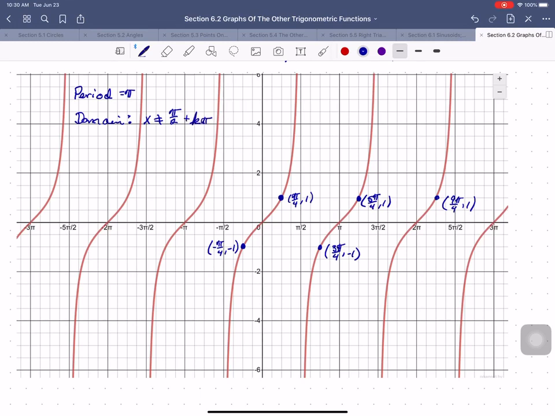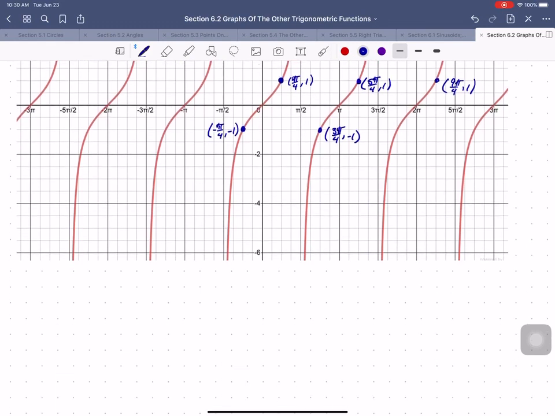Now this is just another way of saying what I said a minute ago. This just gets you the odd multiples of pi over 2, but it allows k to be any integer. Now the range of tangent is all real numbers. Okay.